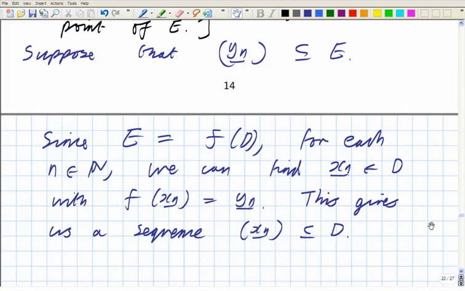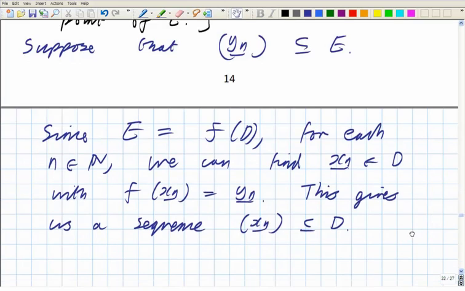Now we've got a sequence in D. So what could we do next? What do we know about D? Yes, D is sequentially compact. We didn't start with a sequence in D, but we've got one now. And since D is sequentially compact, this has got a convergent subsequence.